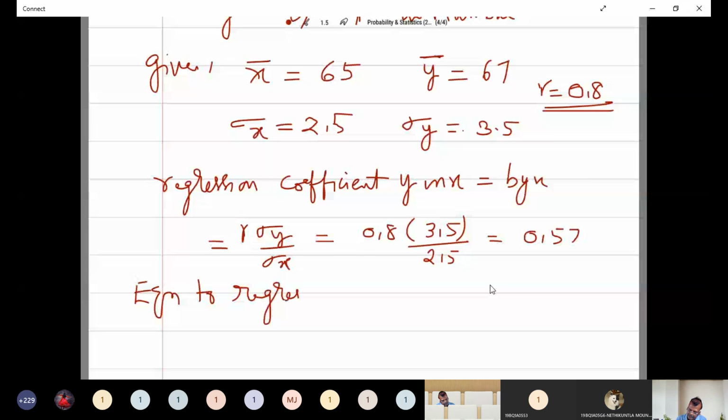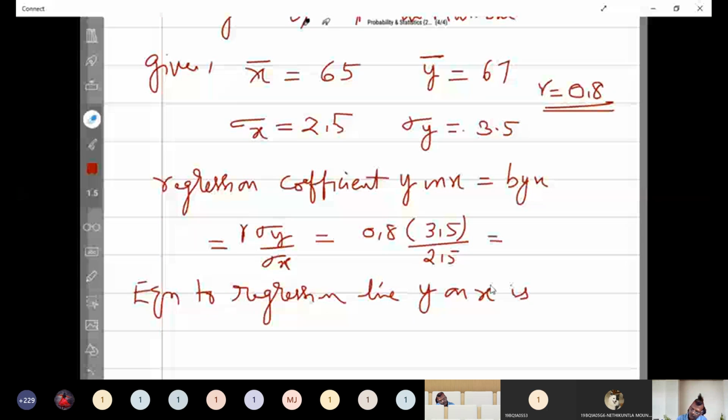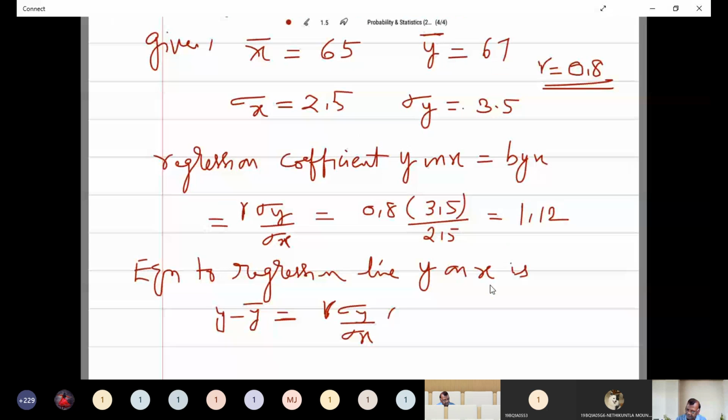The equation of the regression line y on x is 1.12. Okay. y minus y bar is equal to r into sigma y by sigma x into x minus x bar.